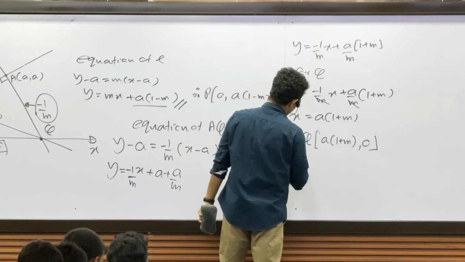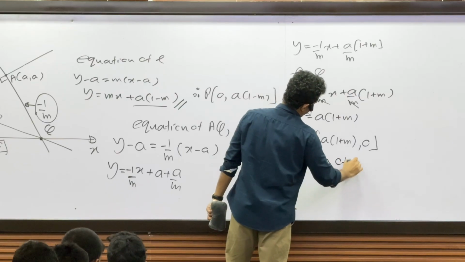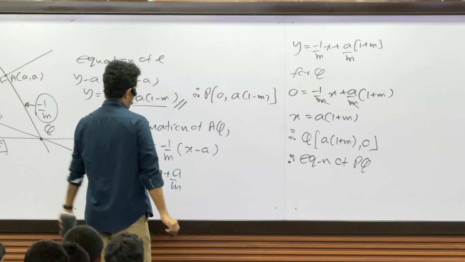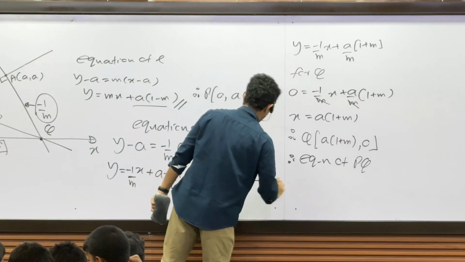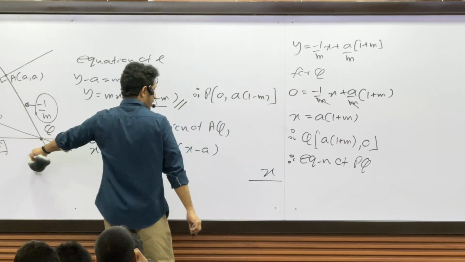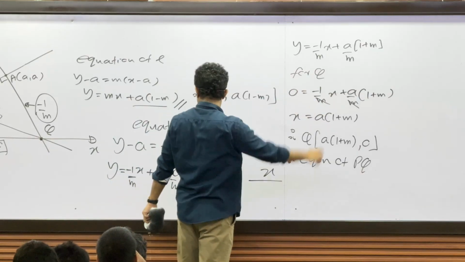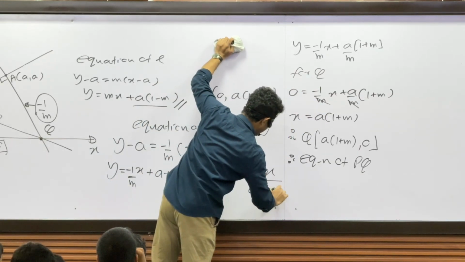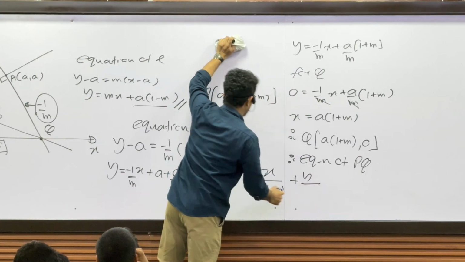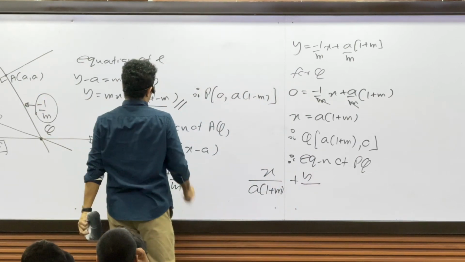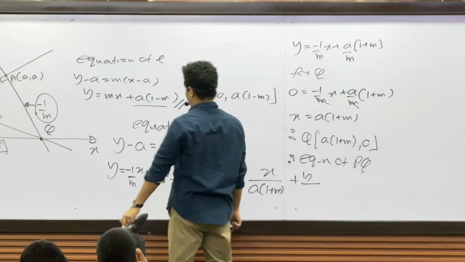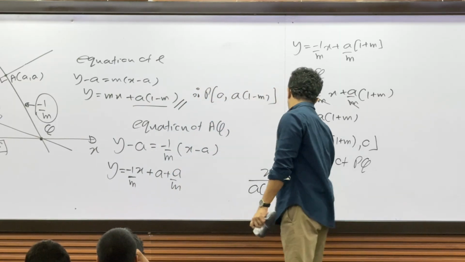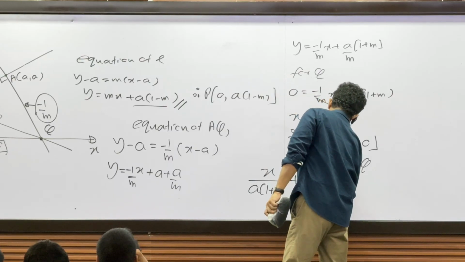Therefore, the equation of PQ: x over a, where that a is Q, so x over a times 1 plus m, plus y over the y coordinate of P, that we found, which is a times 1 minus m, equals 1.